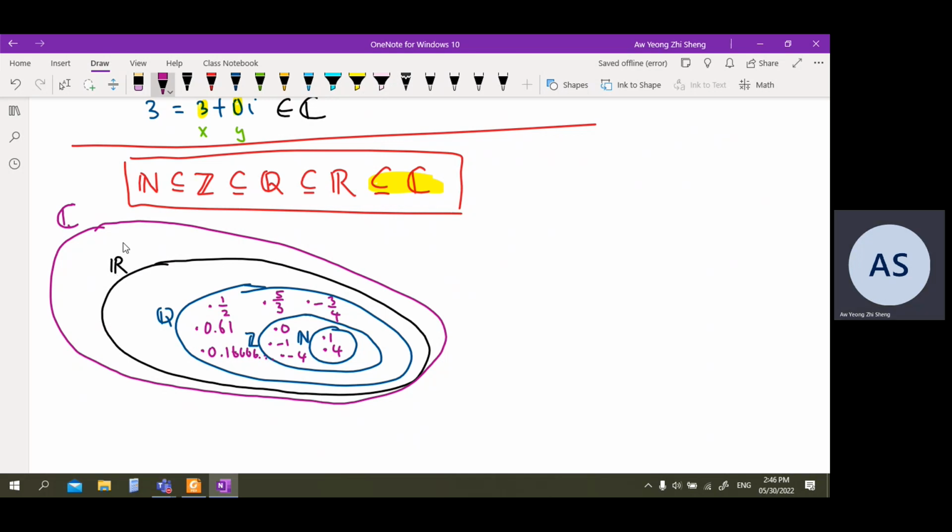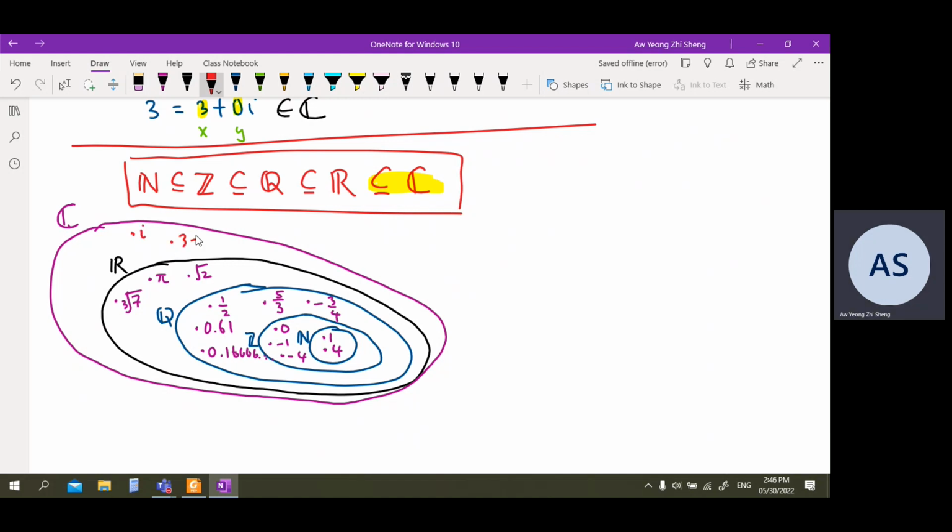Okay, real numbers. The real numbers will include all the rational numbers and irrational numbers. Some examples of irrational numbers are pi, the square root of 2, the cube root of 7, and many more. Now, for the set of complex numbers, or the set C, some elements which are in C and not in R will be the number i itself.